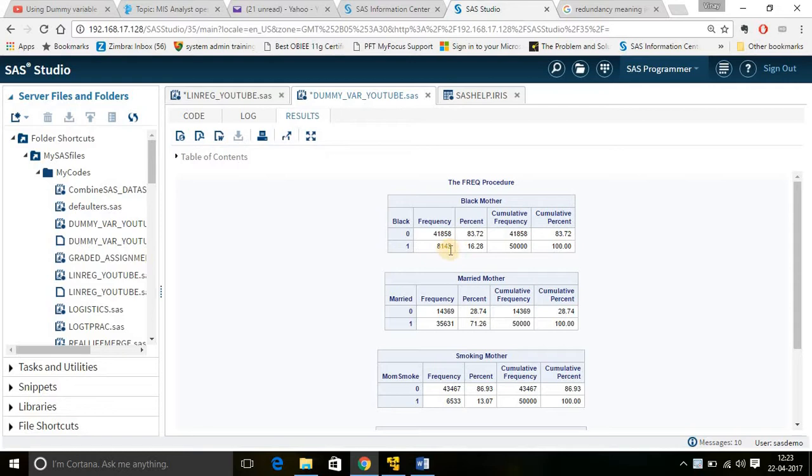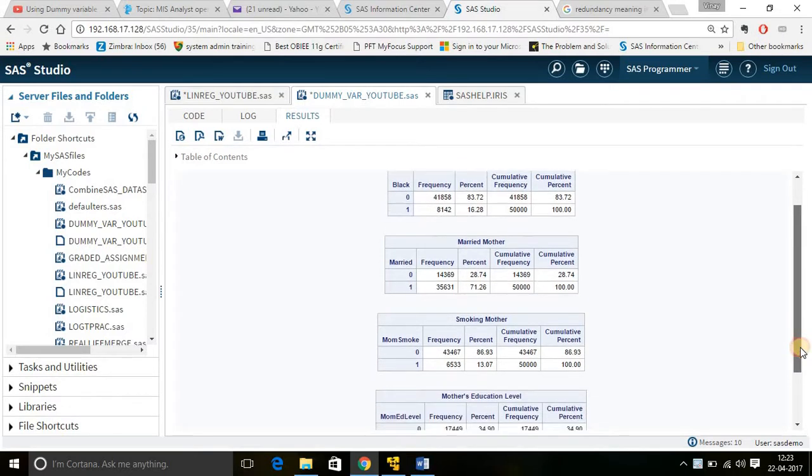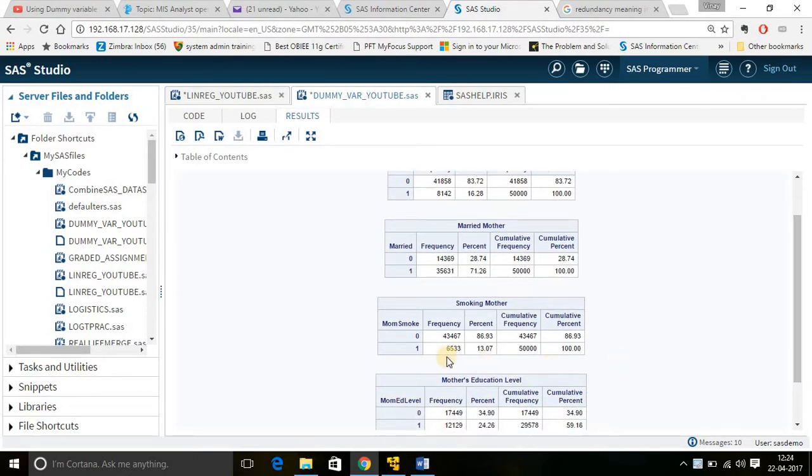About 8,000 out of 50,000 are black, 16% altogether, and 71% of them are married, still 28% are not married. Smoking, 13% of the mothers are smokers.